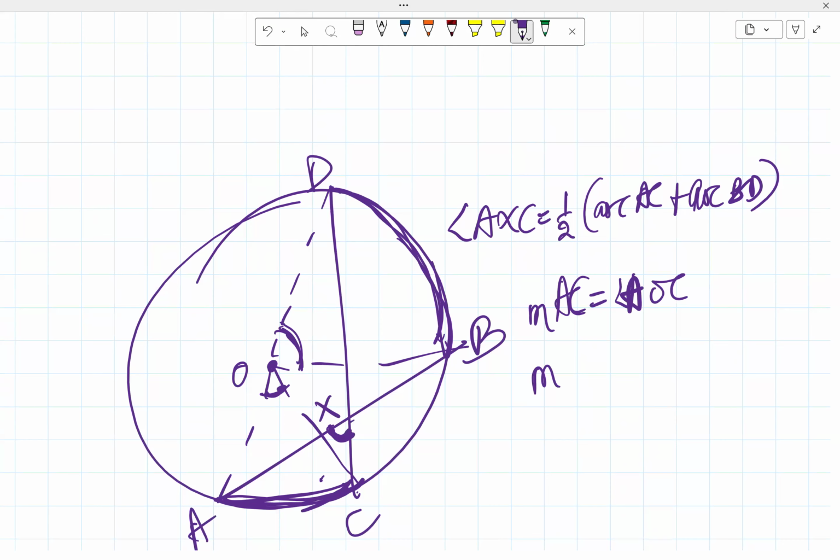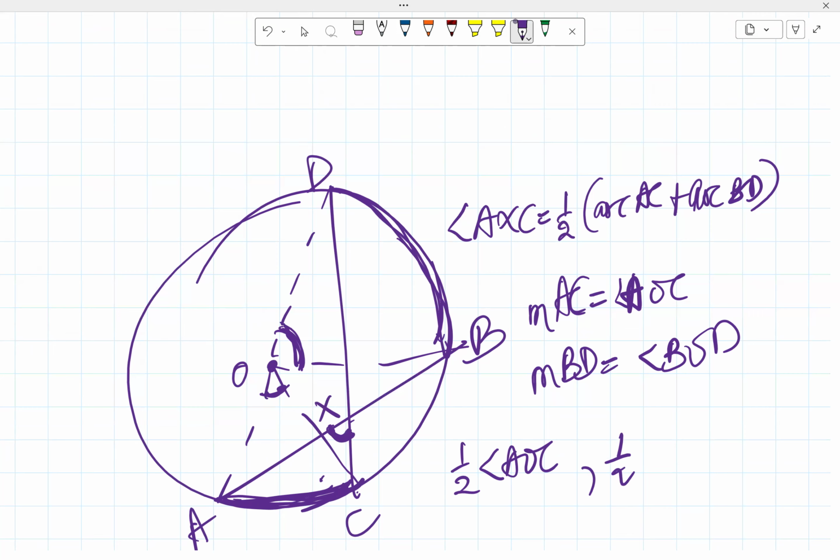The measure of arc BD is angle BOD, which I've indicated like this. If that is the case, then from theorem 1, any inscribed angle standing on this arc AC will simply be half angle AOC, and similarly for BD, we have half angle BOD.